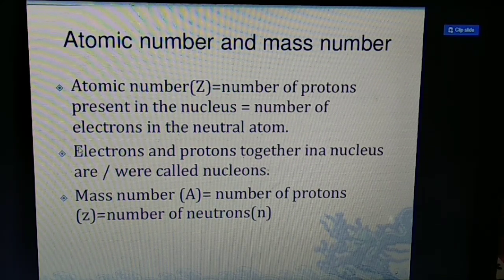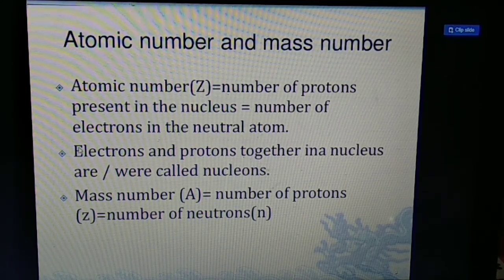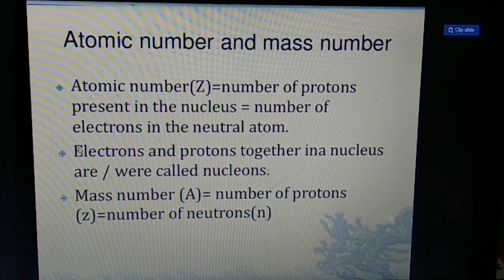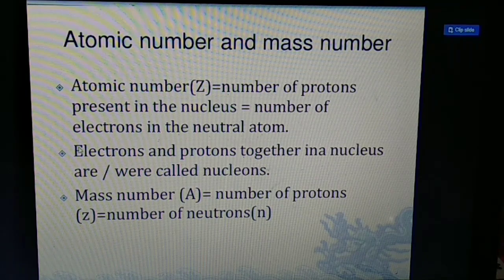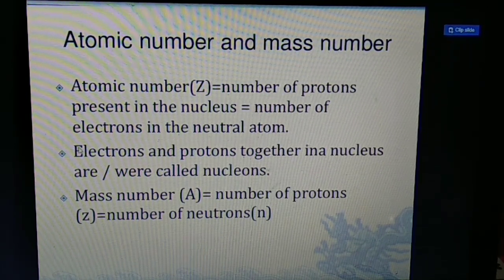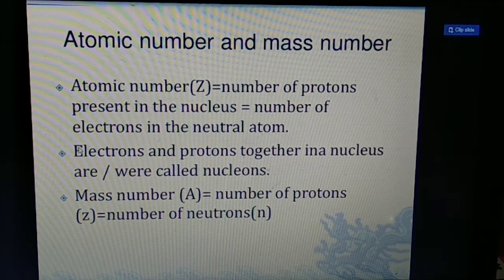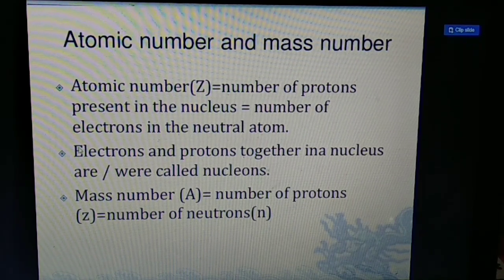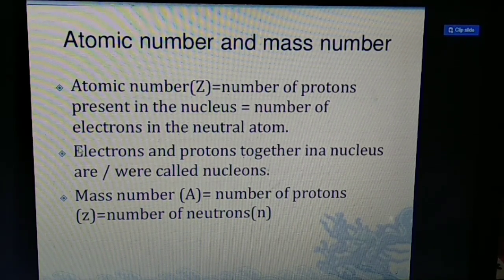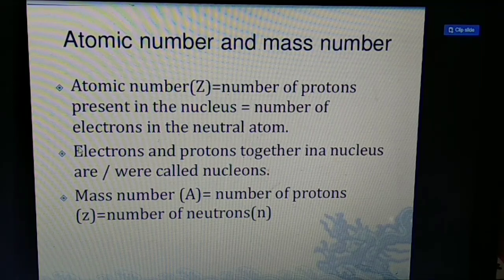Now what is atomic number? What is mass number? Atomic number is equal to the number of protons present in the nucleus and the number of electrons in the neutral atom. Protons and neutrons together in a nucleus are called nucleons. So what is atomic number?